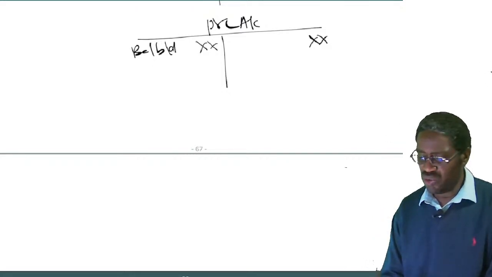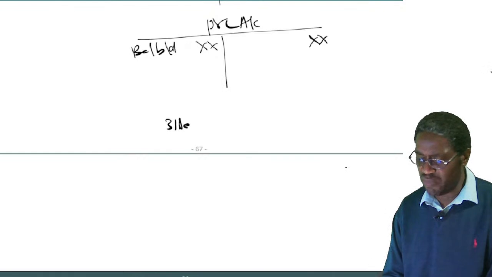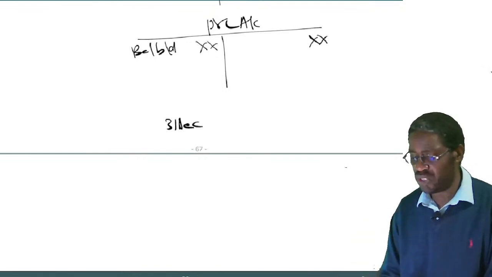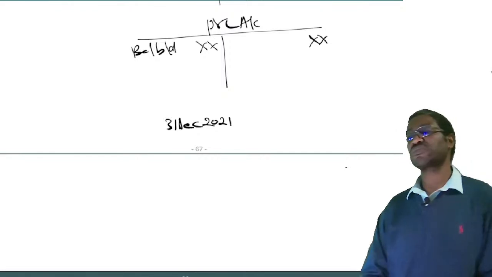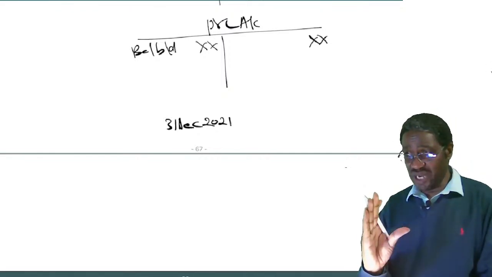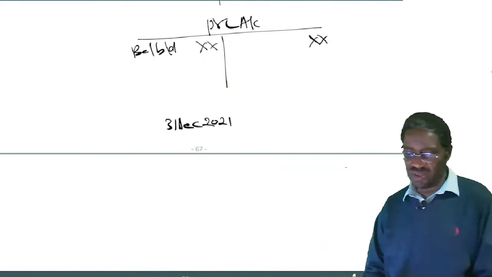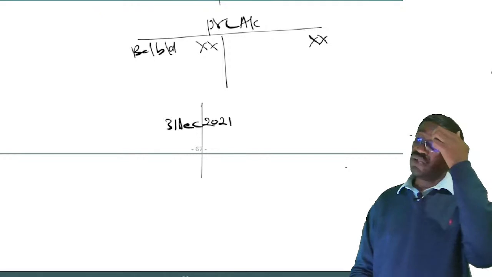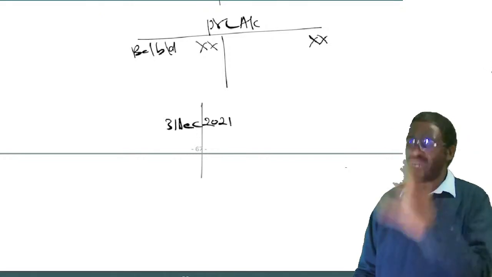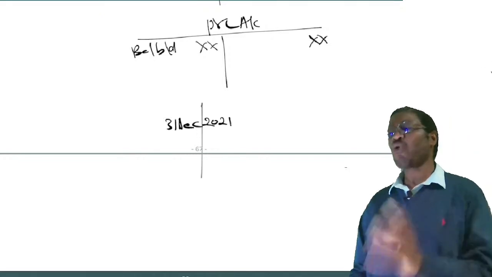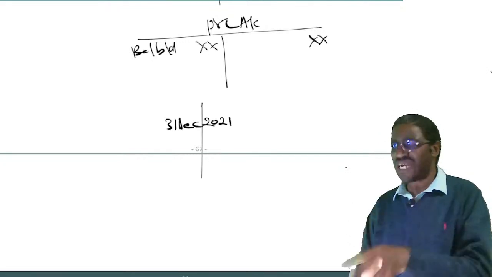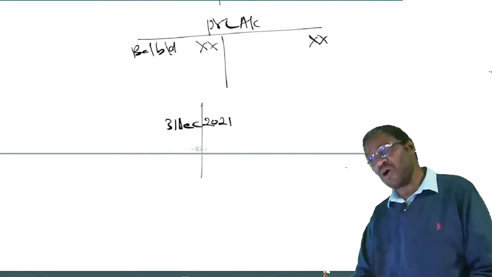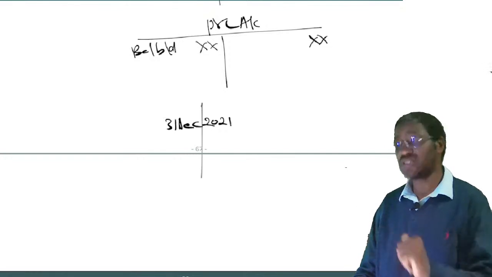Suppose you want to reconstruct this company as from 31st December 2021. You want to reconstruct that company as from that 2021. So it is obvious, therefore, you will go to that company and collect as much information concerning that company as at that date, so that from there onwards, you now start reconstructing the company.